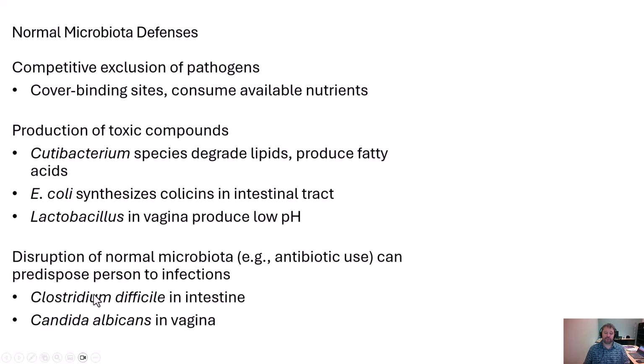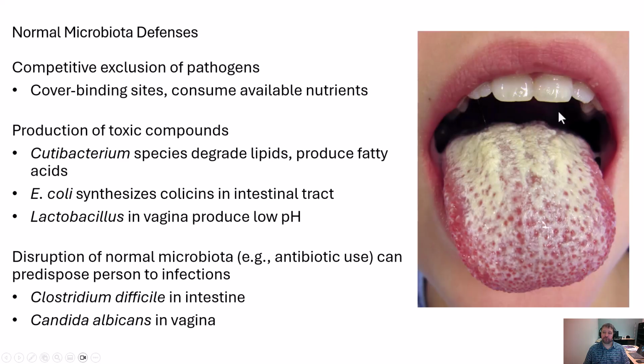Okay, and then lots of individuals are familiar with Candida albicans, a species of fungi that causes yeast infection. Yes, we often talk about a yeast infection being in the vagina, but a yeast infection can also occur in other regions where lactobacillus occurs, and that's your mouth. So this is like a yeast infection in the mouth. This can also occur in armpits.